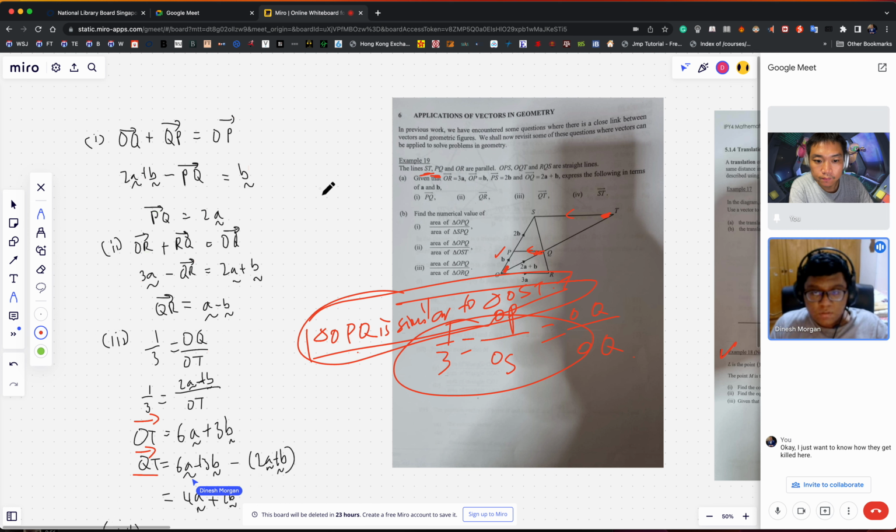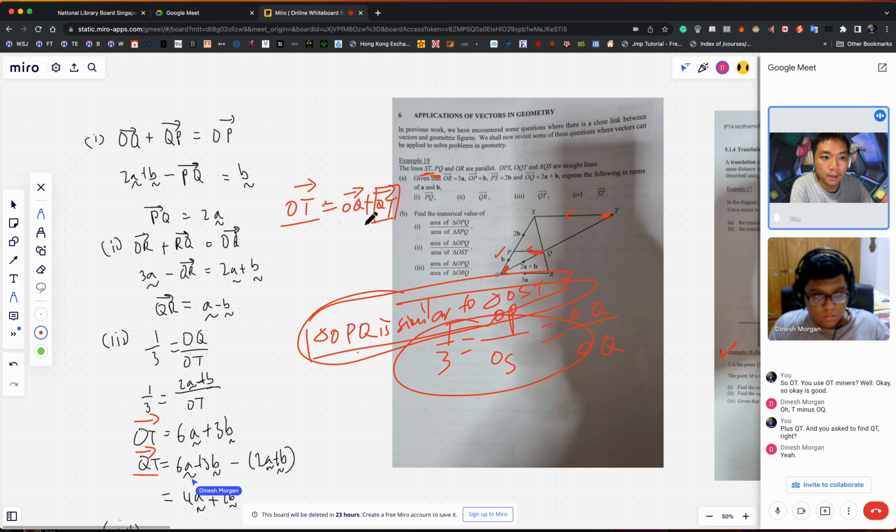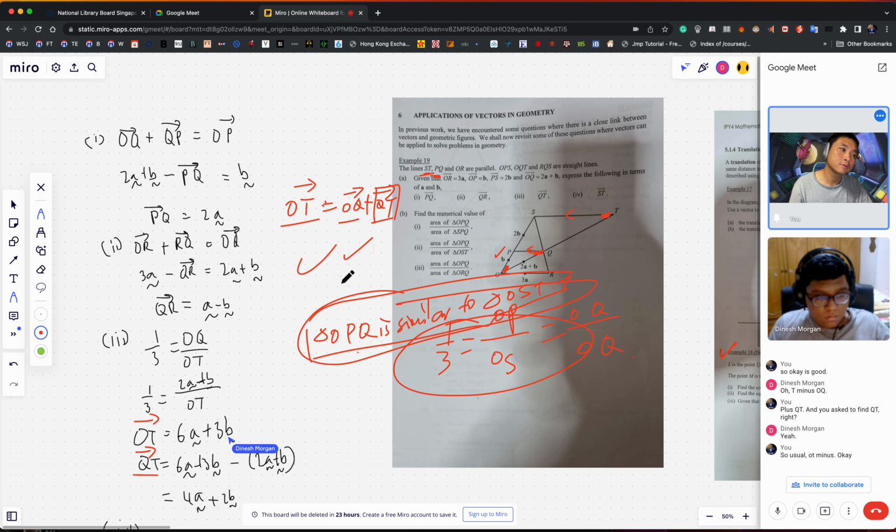That's the question, right? So OT, you use OT minus what? OT minus OQ. Oh, okay. So OT is equal to OQ plus QT, and you're asked to find QT, right? So you use OT minus OQ. Okay, good.